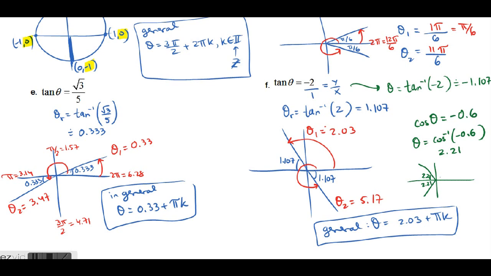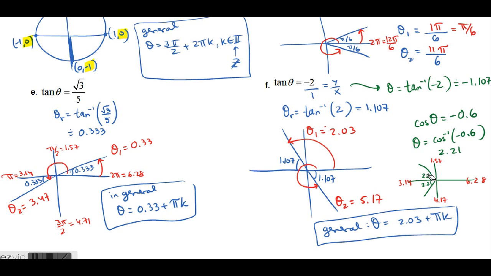You would be incorrect. The reason for that is, remember how I told you to label the axis as 1.57 over here, 3.14, 4.71, 6.28. So these are the approximate versions of the angles on each one of these axes. So this 2.21, that's bigger than 90 degrees. And how can that be the related acute?